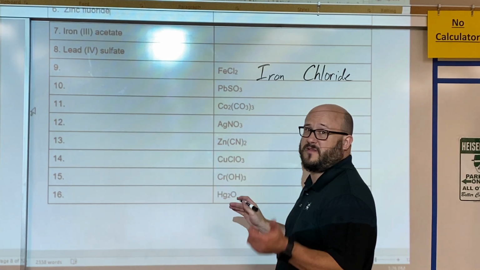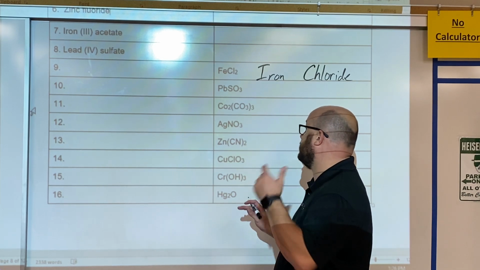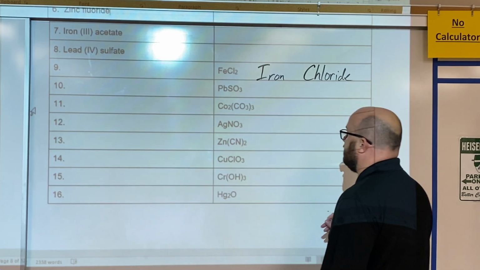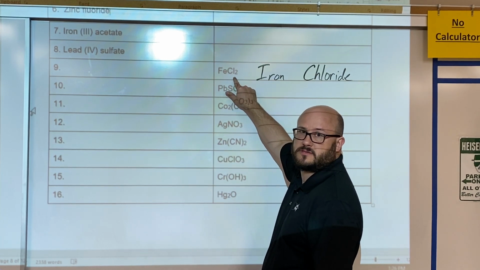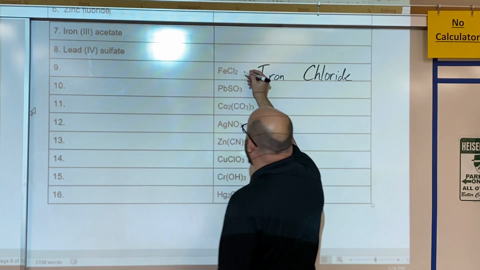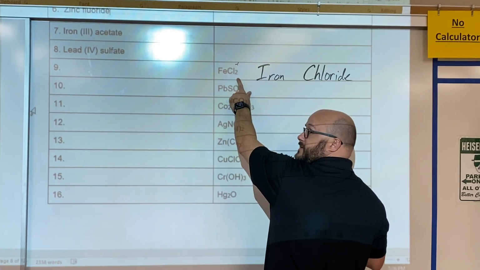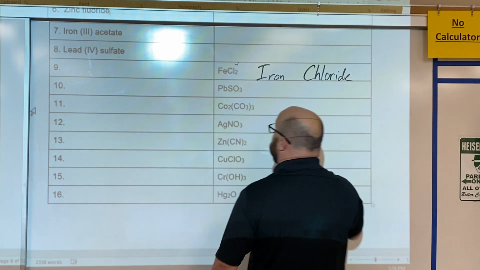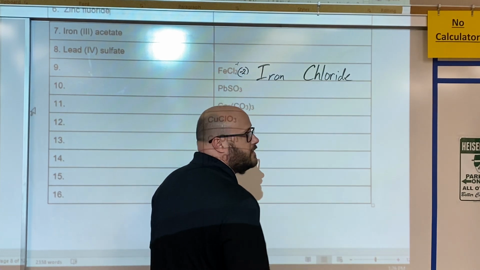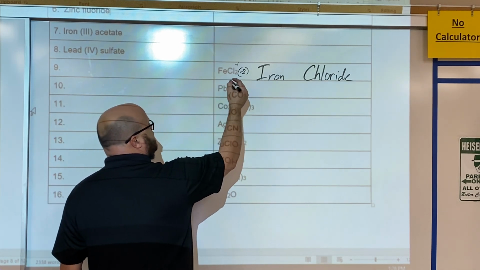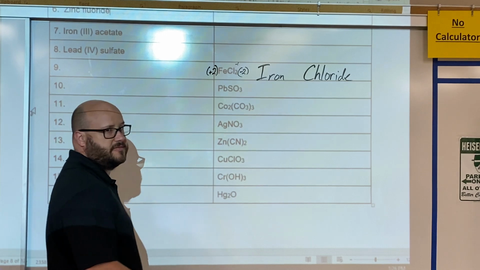Now, to figure out the oxidation number, you have to do a little work. So, first off, we have to see what chlorine's charge is. Chlorine is a -1. If there's 2 chlorines at a -1 charge, our anion charge total is going to be -2, which means our cation charge total has to be +2.